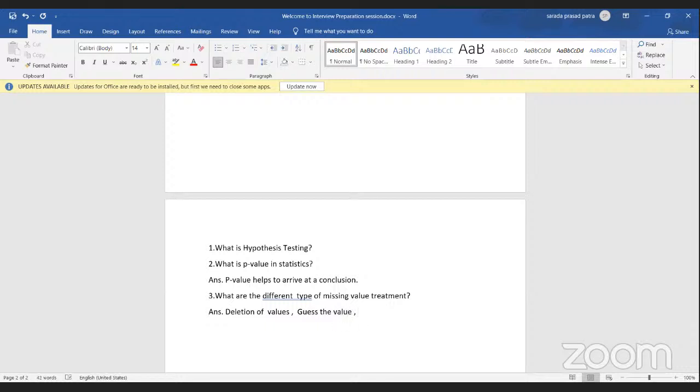Another is average substitution. Another one is regression based substitution. And the final one is multiple imputation. Okay.